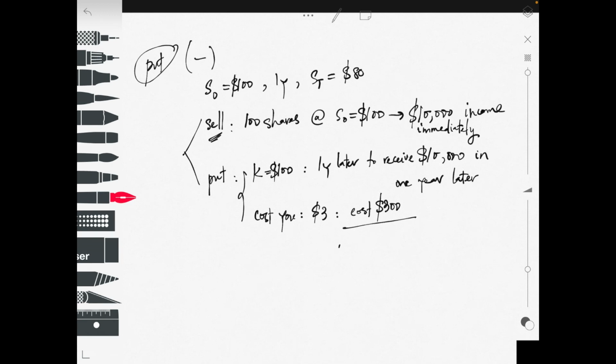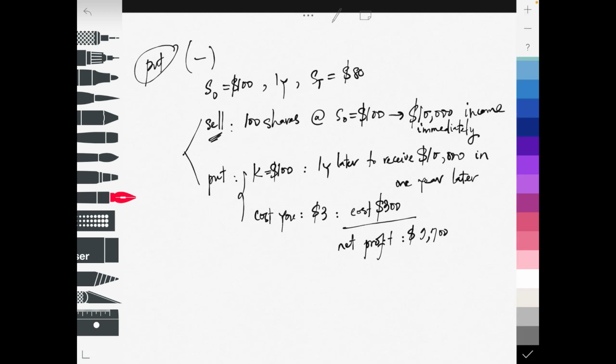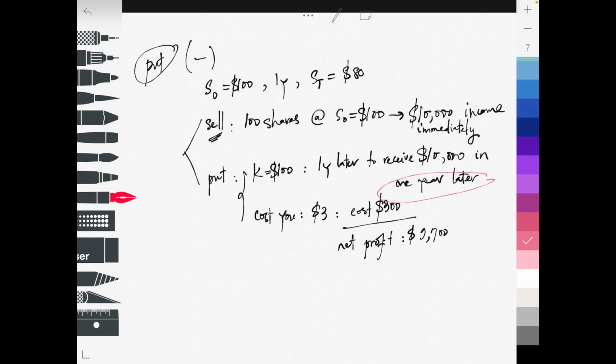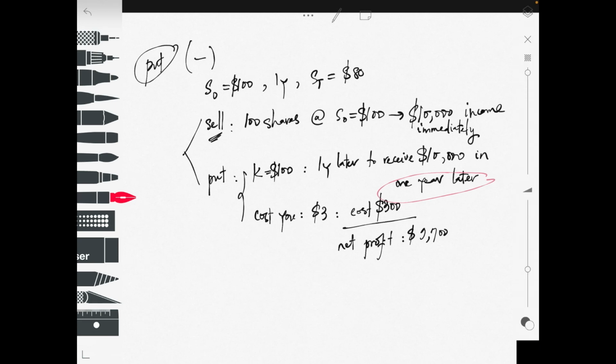So your net income is $9,700. And the most important problem is that it's not today, but 1 year later. So you receive less money, and very late, 1 year later.